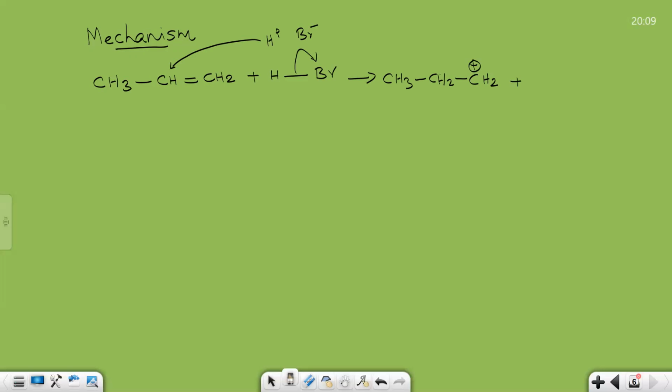And if H plus moves to the first carbon, you will get another intermediate, CH3, CH plus, CH3. This one is a primary carbocation and this one is a secondary carbocation.